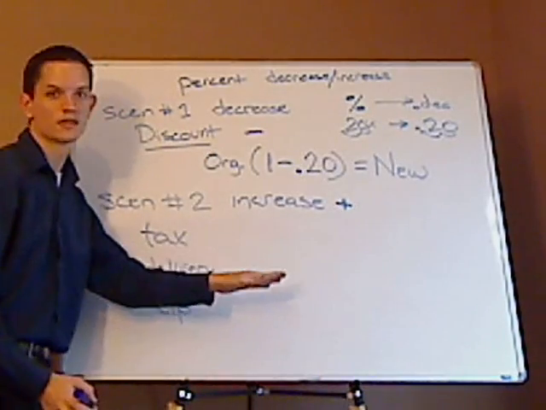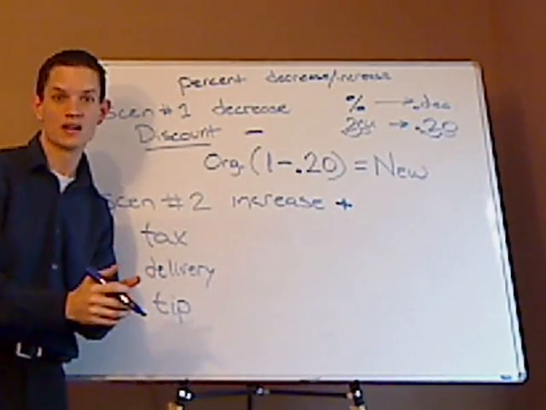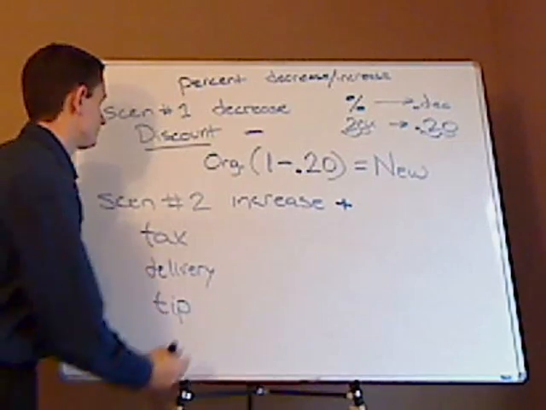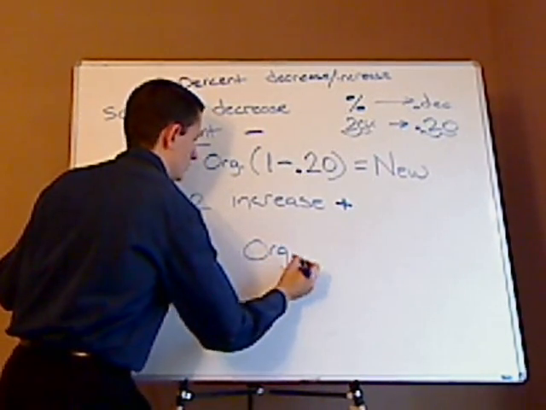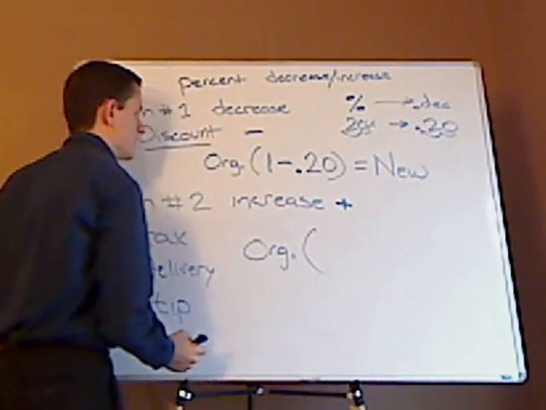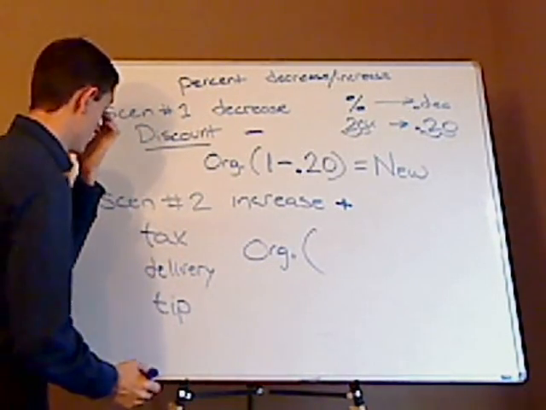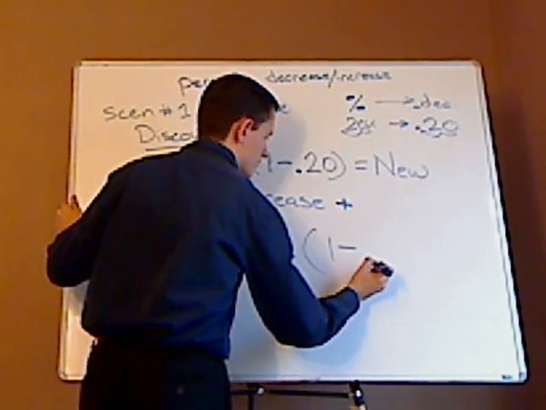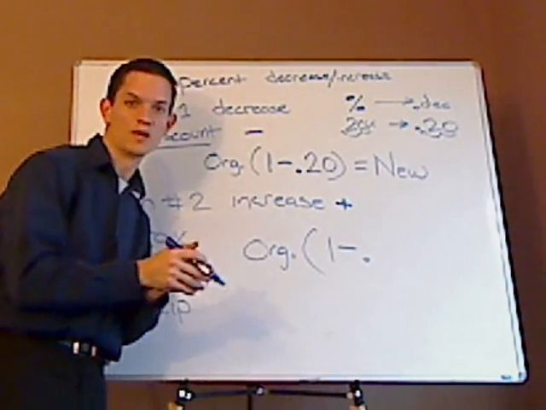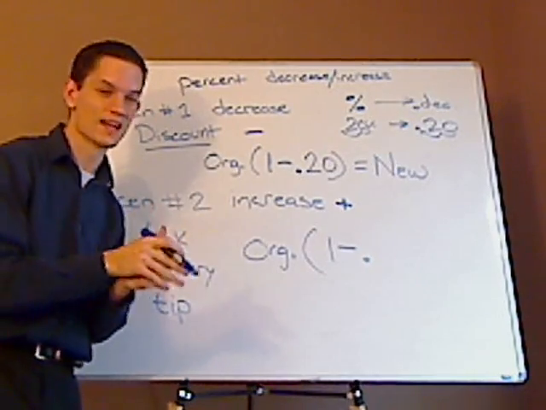And guess what? Here it's going to be the same way. You have the starting amount or the original amount. So that's the original times 1 minus whatever the percentage is, and remember to change that percentage to a decimal.